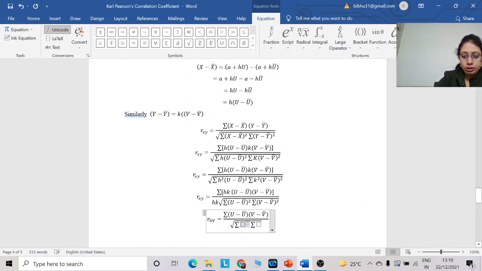Summation of, now we can write it as (u minus u bar) whole square and (v minus v bar) whole square.